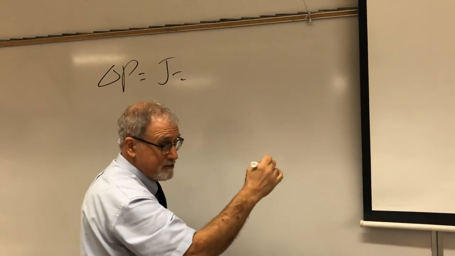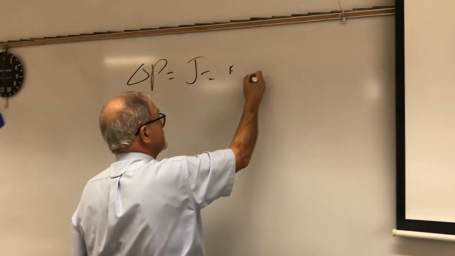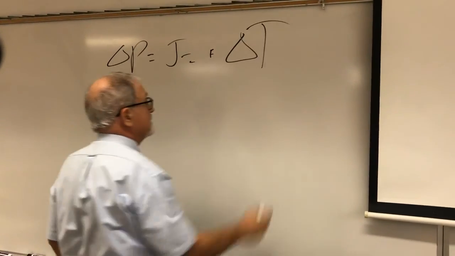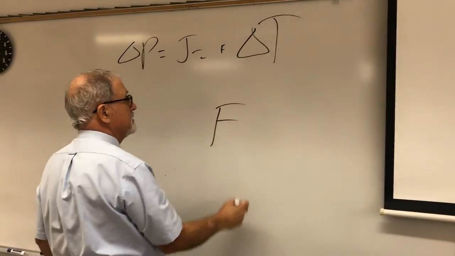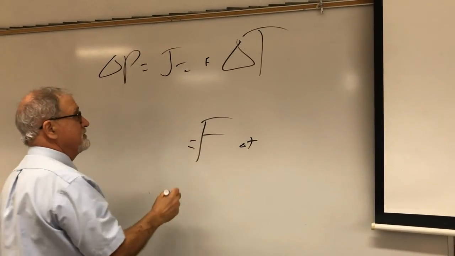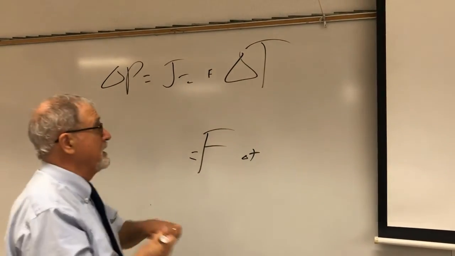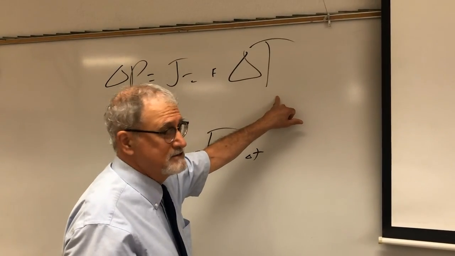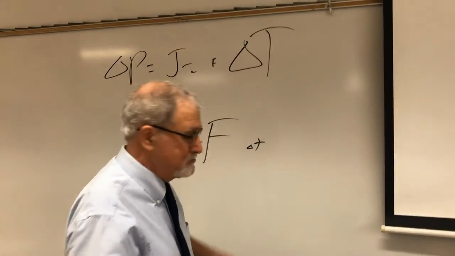With the koosh ball, you have a small force and a large time interval. With the golf ball, you have a large force and a small time interval. And they both equal the same. You can have 2 times 10 is 20, and 10 times 2 is 20.